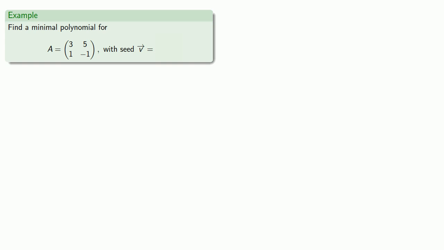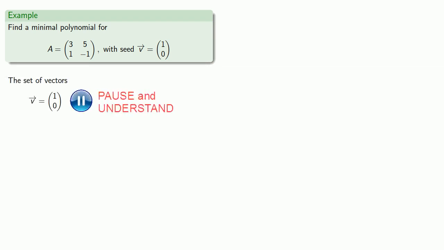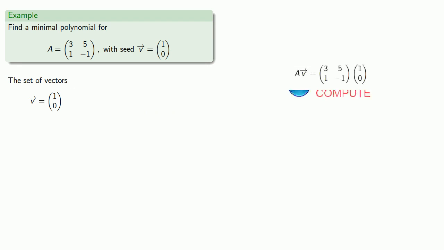So, for example, let's find a minimal polynomial for this matrix with a seed vector, how about (1, 0). So we'll find our vectors. v is just our seed vector, (1, 0). We'll find Av. And so maybe we're lucky, and the set of these two vectors is dependent.